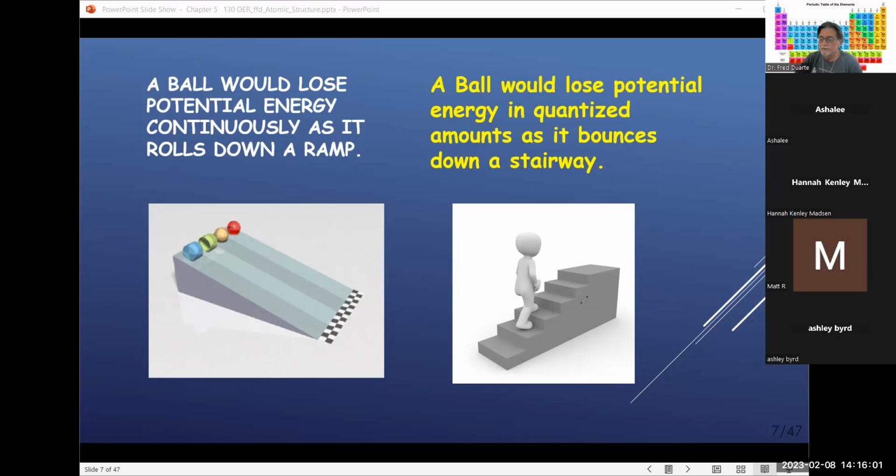So you can see going from the ground to this level is a very specific amount of energy, and the same from here to here, etc.